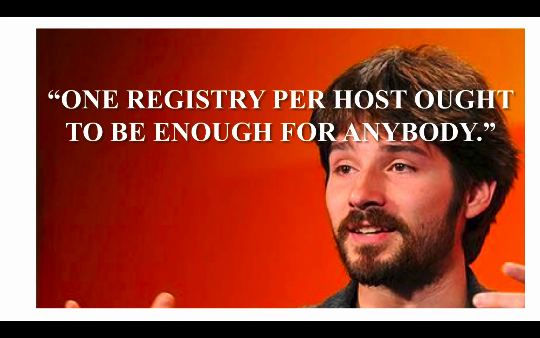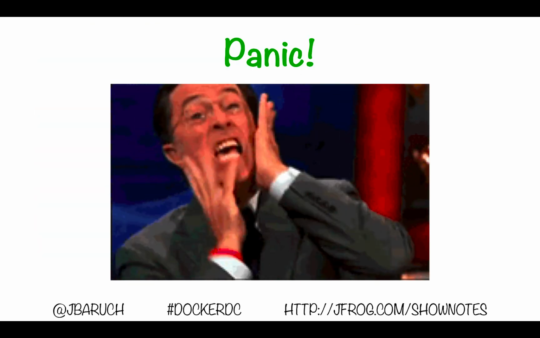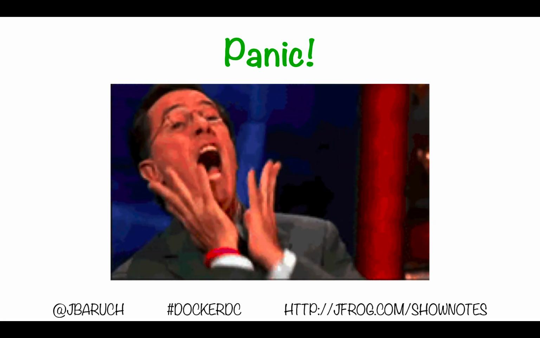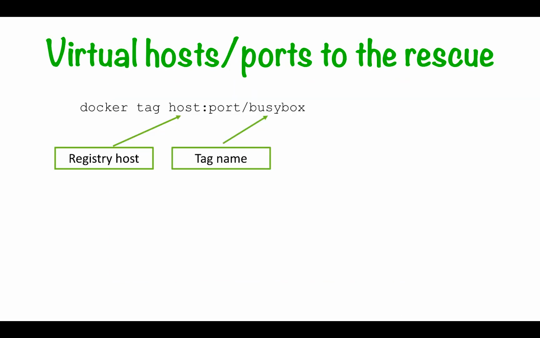Okay, so how do we implement what we are talking about? How can we have multiple registries in the same host? Of course, the first answer is, well, we don't even know if it's possible, but actually it is. We can use virtual hosts or virtual ports to emulate more hosts under the same physical host.